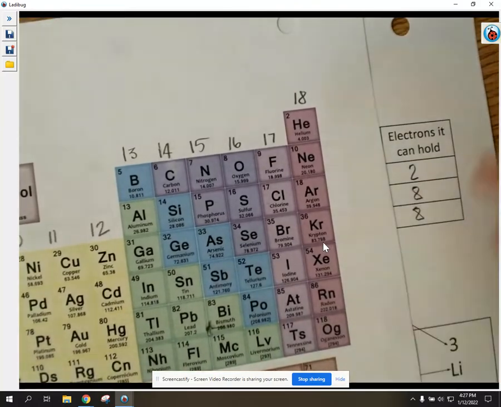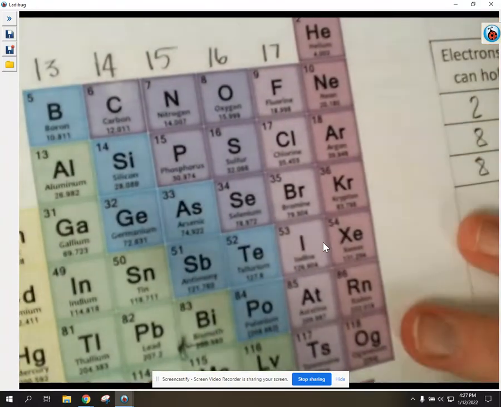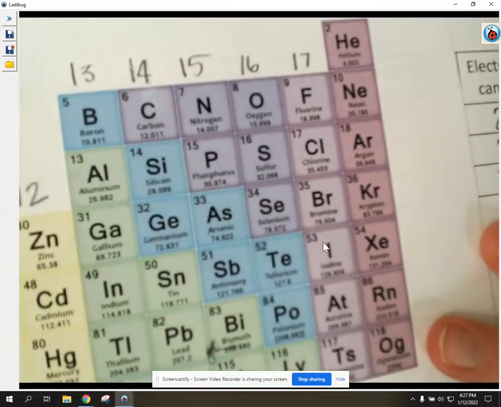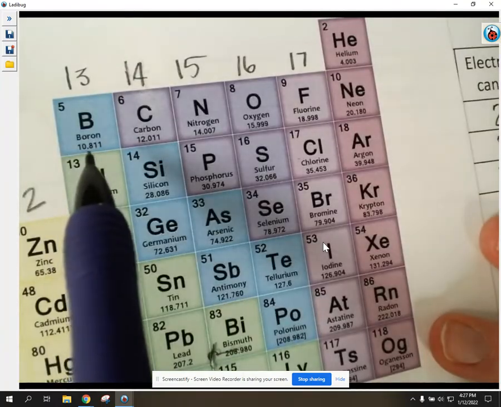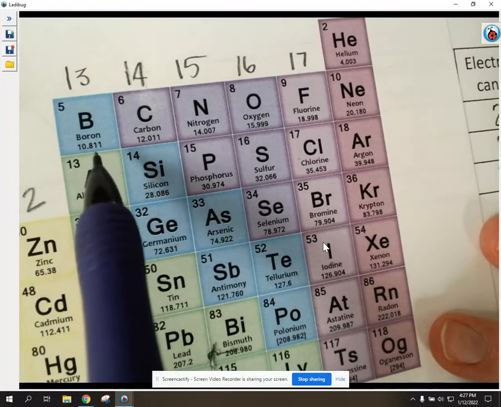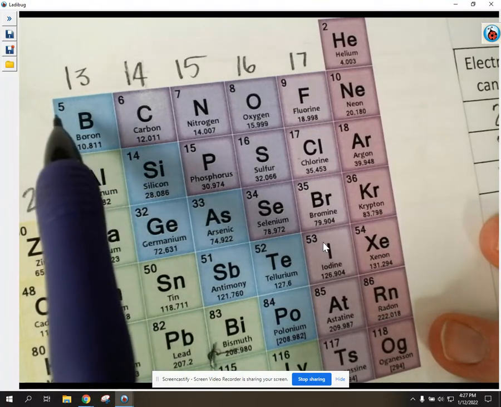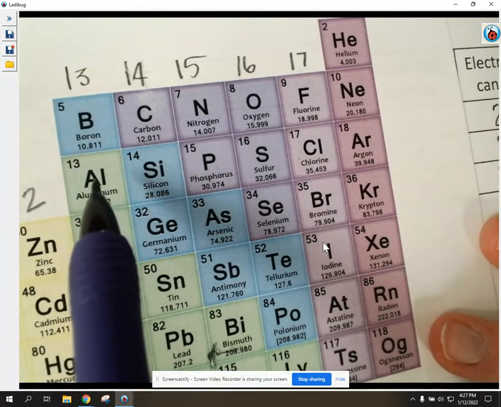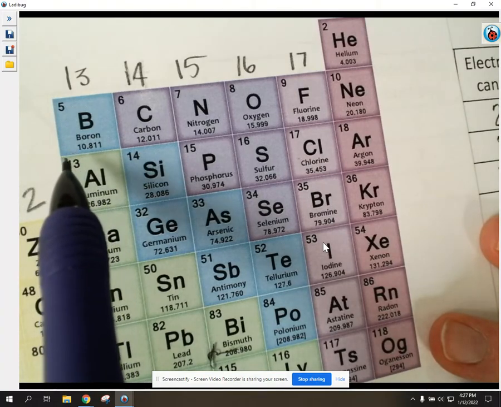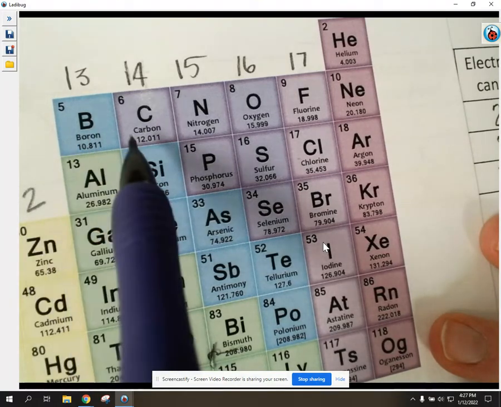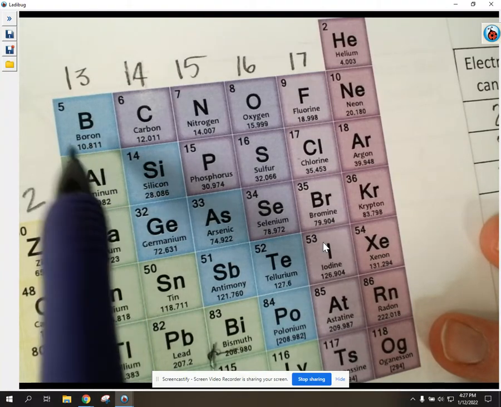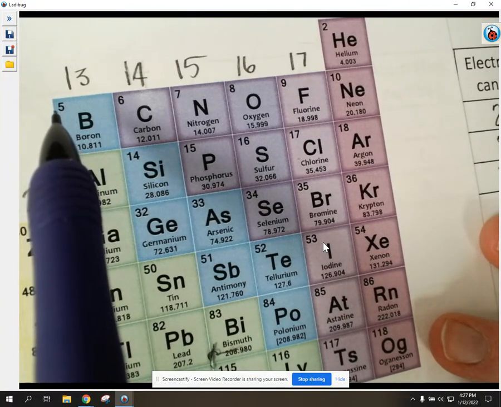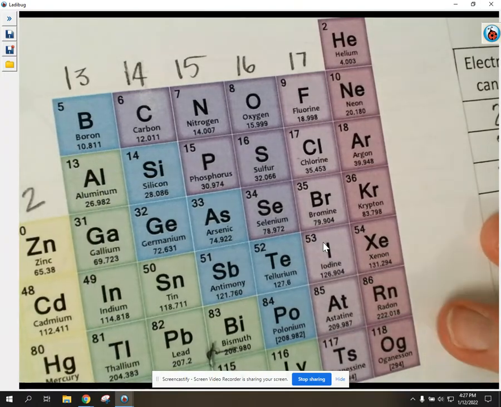Let's take boron. Boron's atomic mass is 10.8, which reflects the percentage found in nature. We're going to round that to 11, and then subtract the atomic number. If most of the mass is found in protons and neutrons, then this is the mass of the protons and the neutrons. So 11, if I subtract the number of protons, I'm left with the number of neutrons.